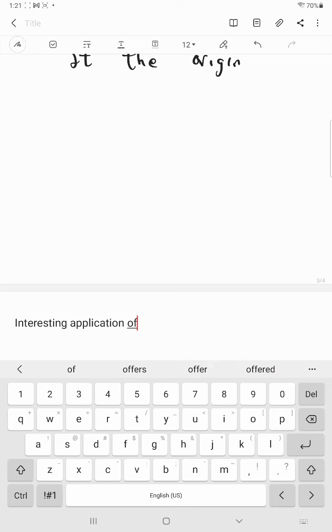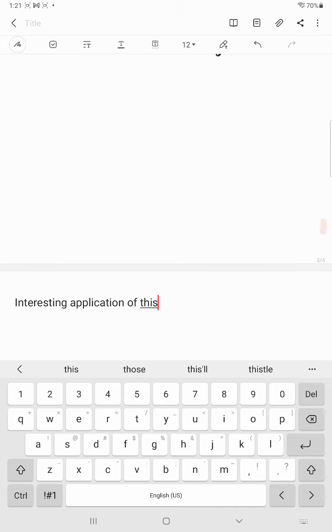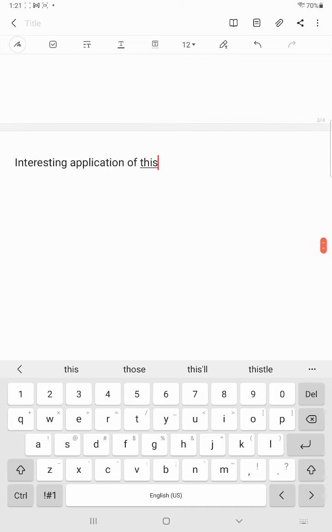So an interesting application of this. What if we did this?